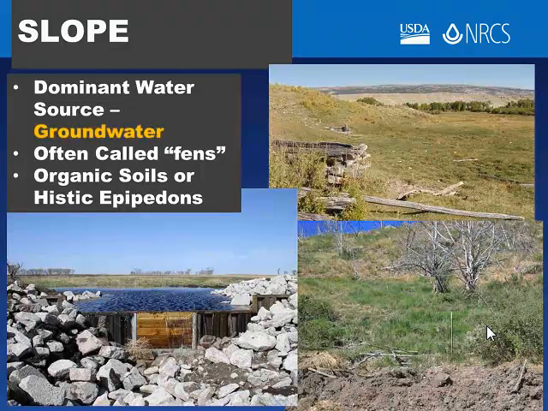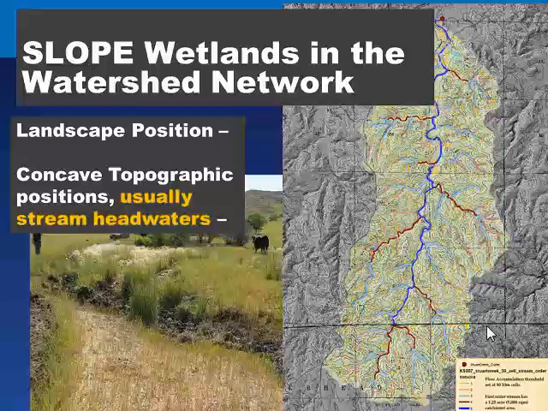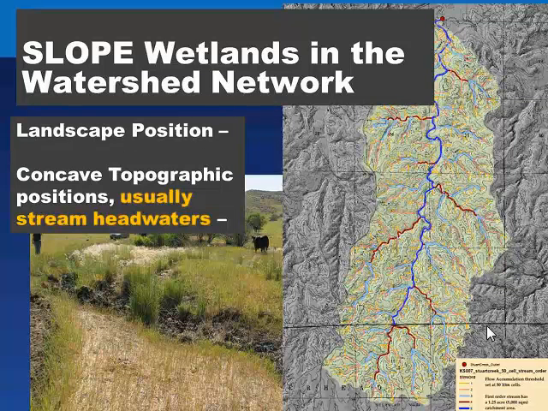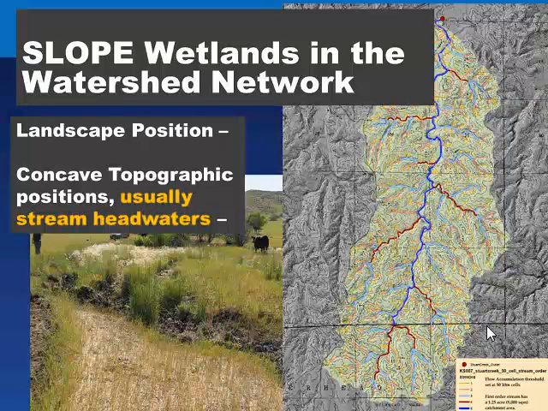Looking at the map of a watershed network, I apologize for the lack of brightness of the colors, but if we look closely in that dendritic watershed pattern, we can see in the upper reaches in yellow and orange and even light blue, these are low-order stream reaches that don't have enough flow accumulation and flow energy to form a channel floodplain system, and these are the reaches where we look for those headwater slope wetlands.